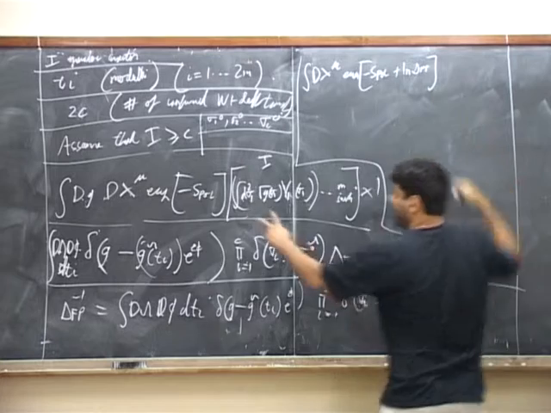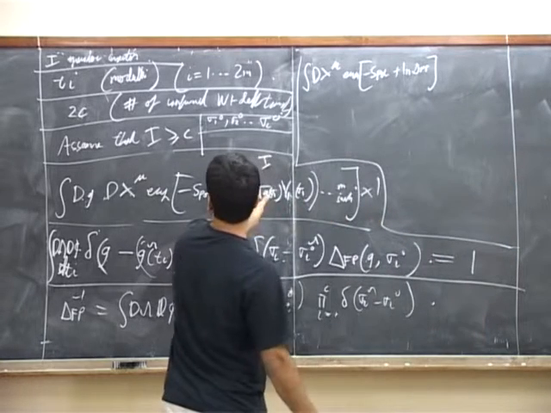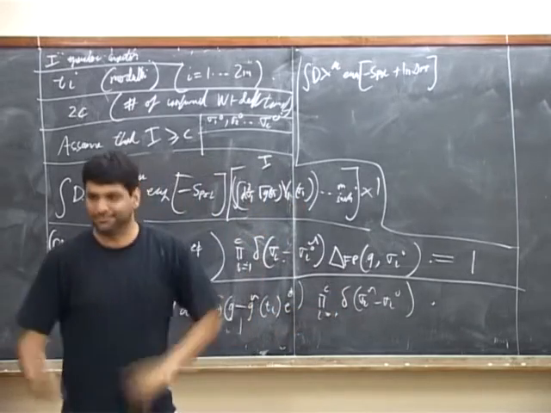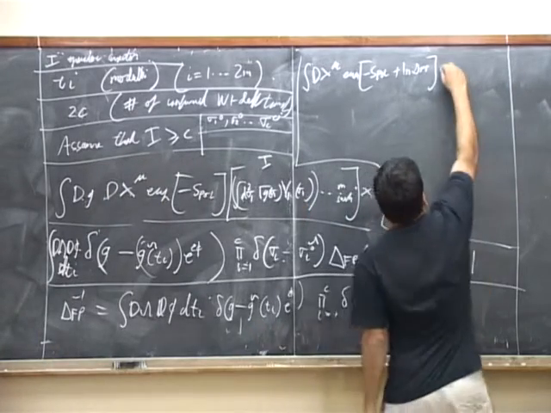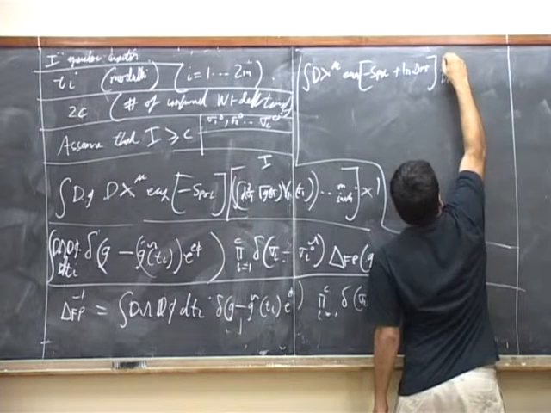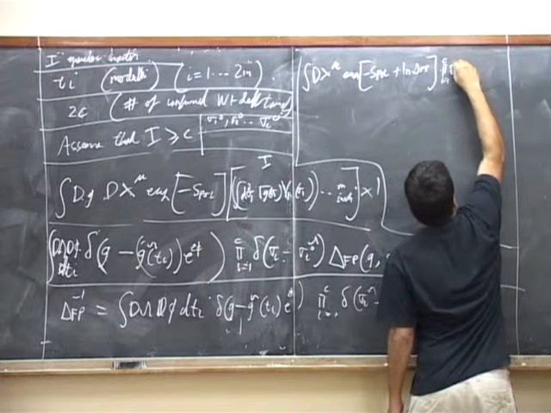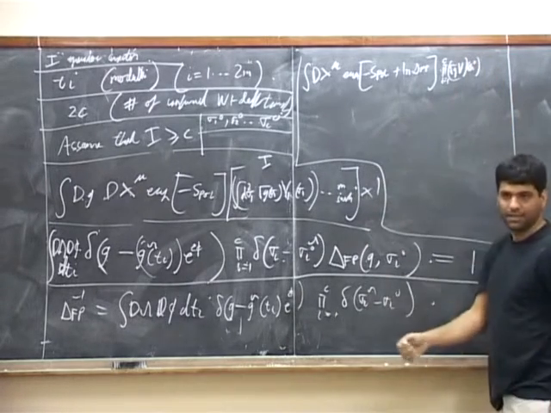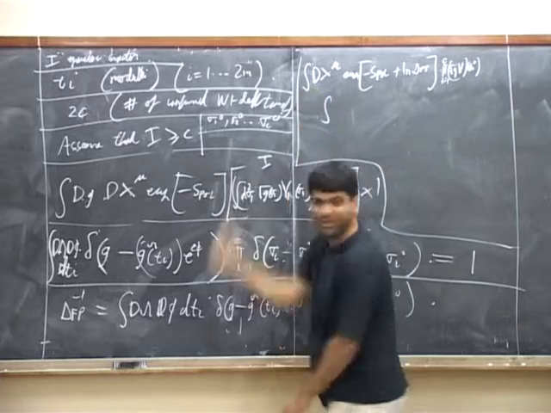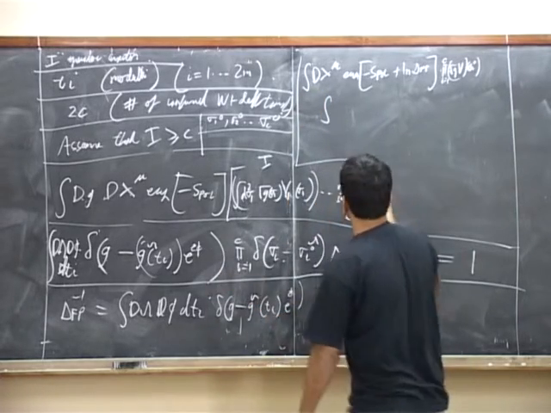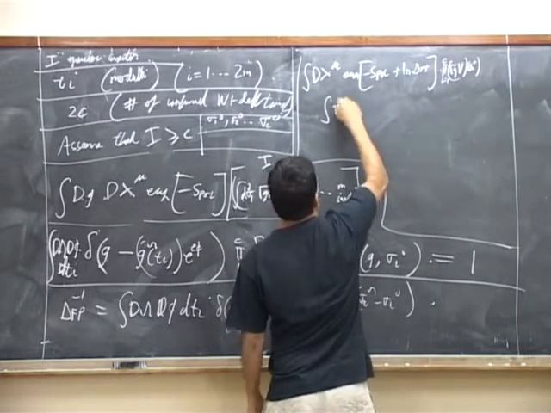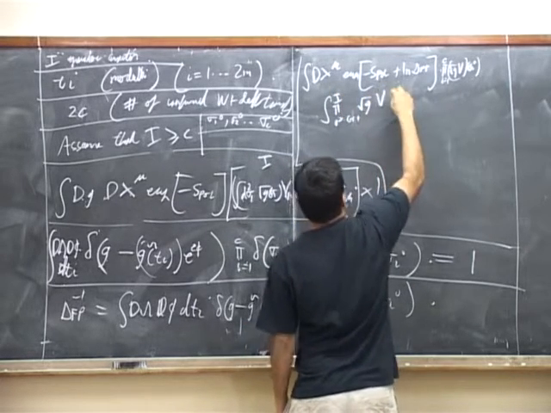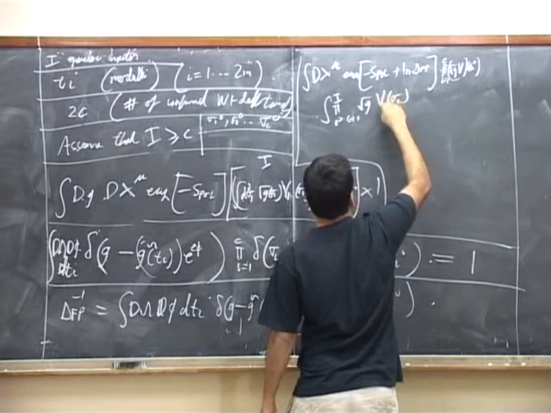Then we will have C of these insertions that are fixed to particular points, so the product for i equal to 1 to C of square root g times V at sigma_i0. And then the remaining operator insertions continue to be integrated over, so we'll have a product for j equal to C plus 1 to I of square root g V of sigma_j.